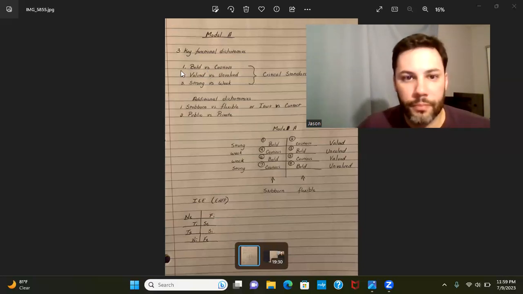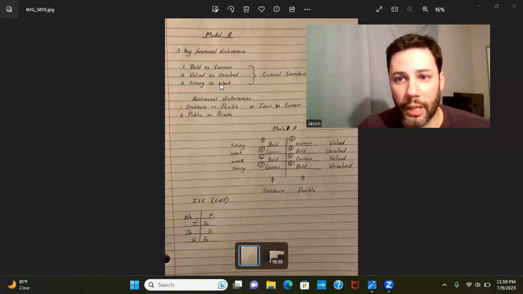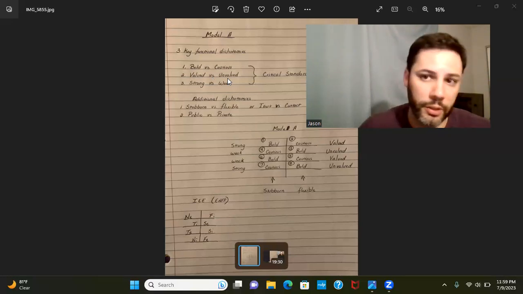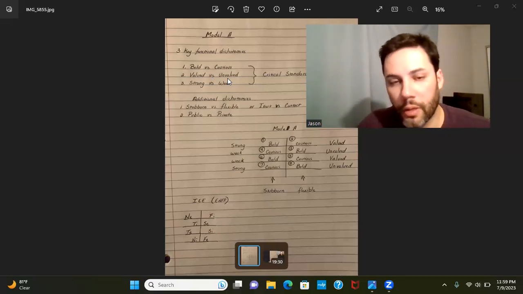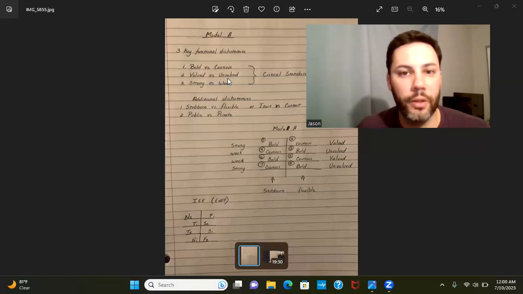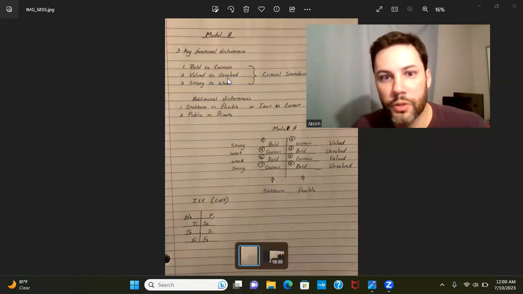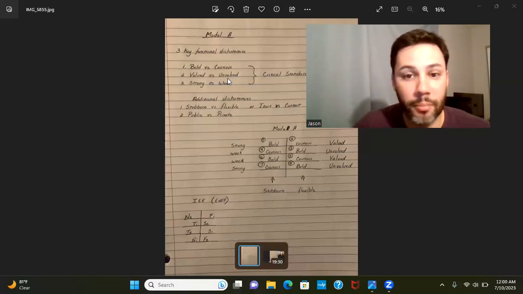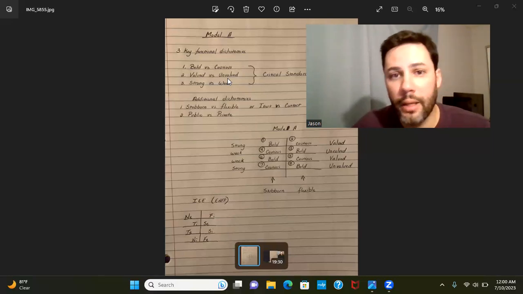Now, the second one, and this is probably the more important one, actually. I should have renumbered it and put it as number one, because this really separates socionics from most of the other systems out there. In socionics, we pay heavy attention to what is valued versus unvalued. Socionics believes that everyone can play with all eight elements.